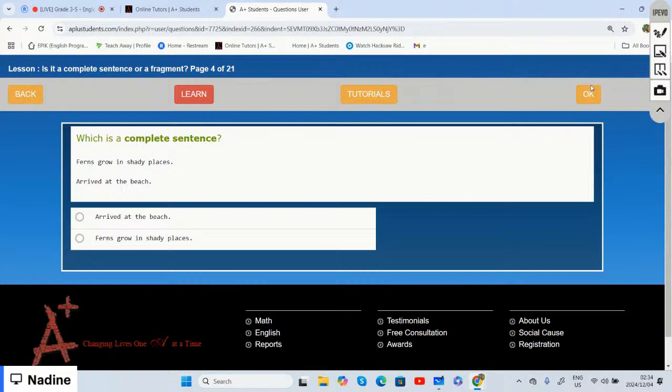Is it option one, arrived at the beach? Or option two, ferns grow in shady places? We need to select the sentence, the completed sentence.